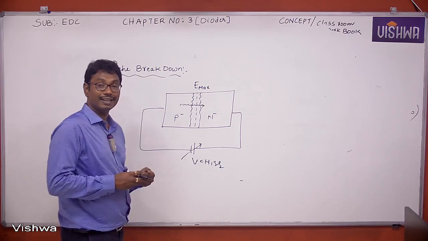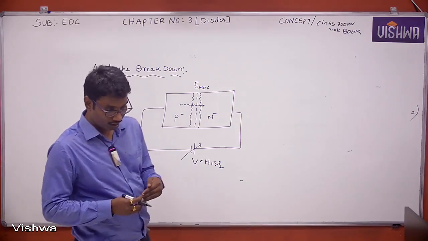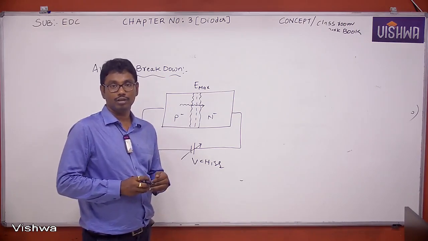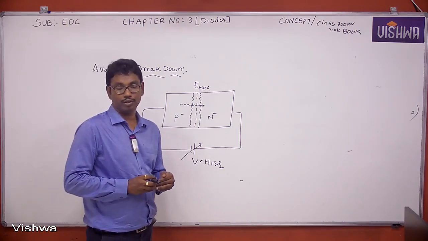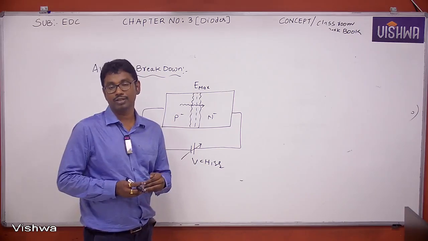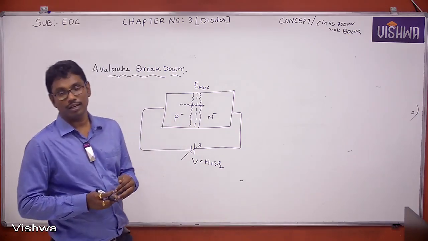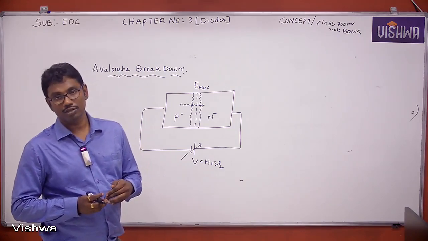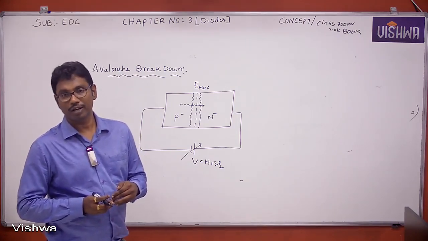Next point, this sudden increase of current due to collision of atoms is called avalanche breakdown or avalanche mechanism.